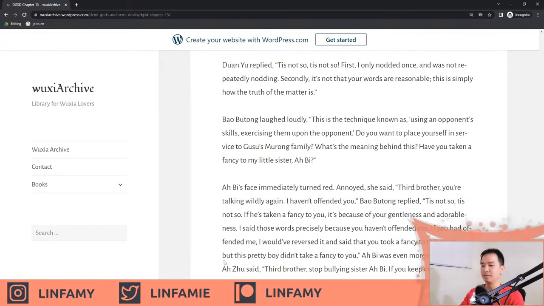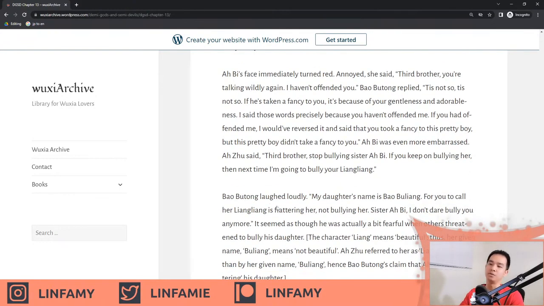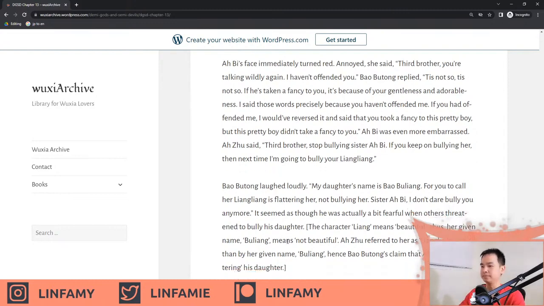Abi was even more embarrassed. Aju said, "Third brother, stop bullying Sister Abi. If you keep on bullying her, the next time I'm going to bully your Liang Liang." Bao Butong laughed loudly. "My daughter's name is Bao Bu Liang. For you to call her Liang Liang is flattering her, not bullying her. Sister Abi, I don't dare bully you anymore." It seemed as though he was actually a bit fearful when others threatened to bully his daughter.